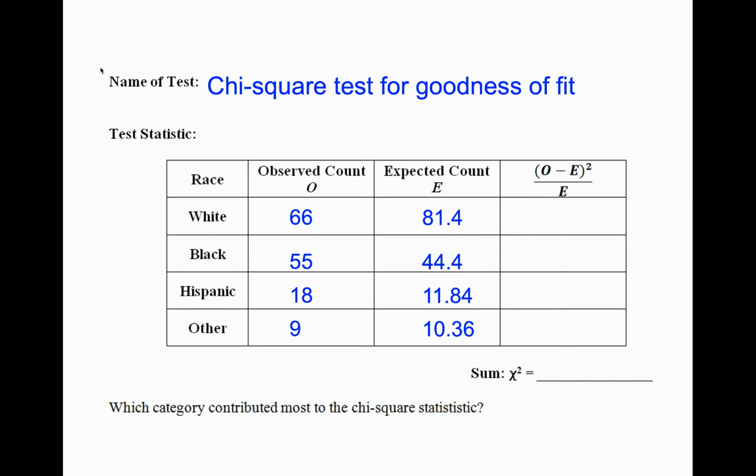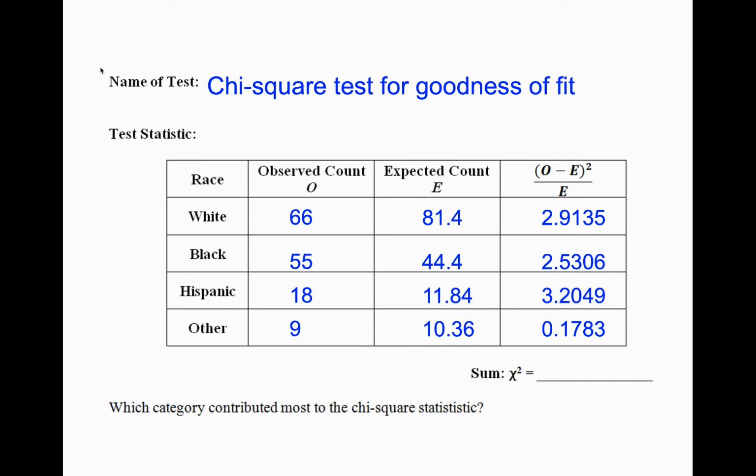And then we need to calculate the 4 separate components of our test statistic. So observed minus expected, square that difference, and then divide it by the expected count. I went out to 4 decimal places this time because that's what my calculator did. As long as you go to probably 3 decimal places, you're probably safe. You probably don't need to go to 4.